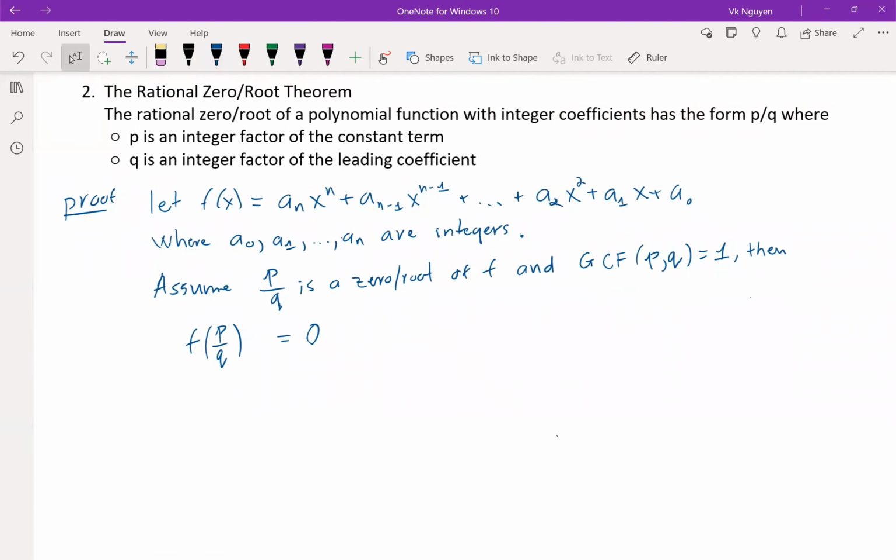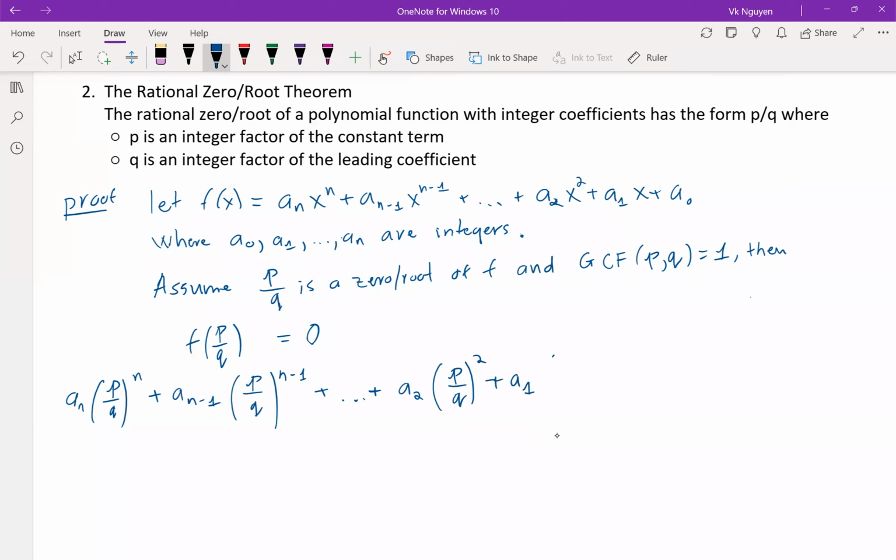Now work it out. f of p over q is a sub n times p over q to the n plus a sub n minus 1 times p over q to the n minus 1 plus ... plus a sub 2 times p over q to the power 2 plus a sub 1 times p over q plus a sub 0, is equal to 0.